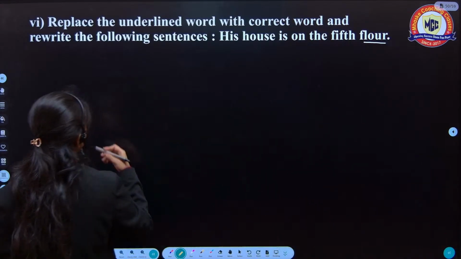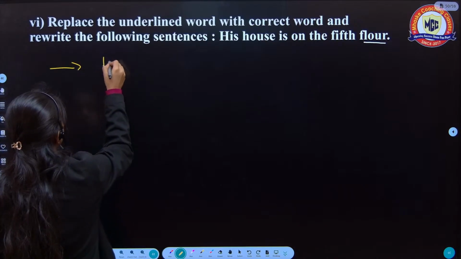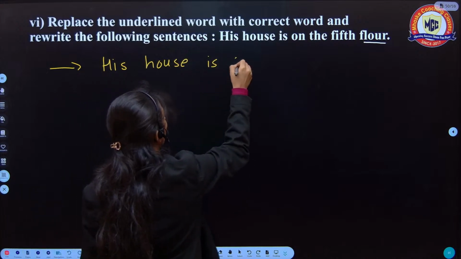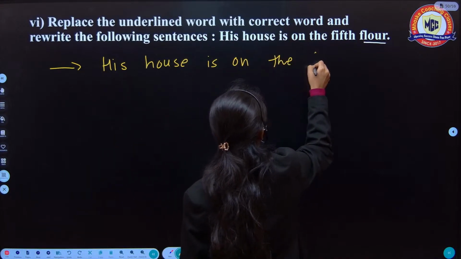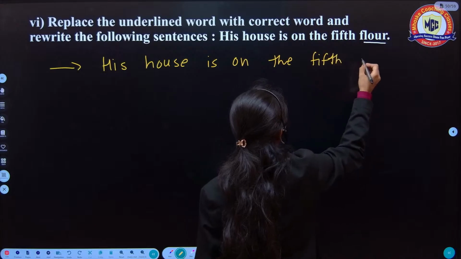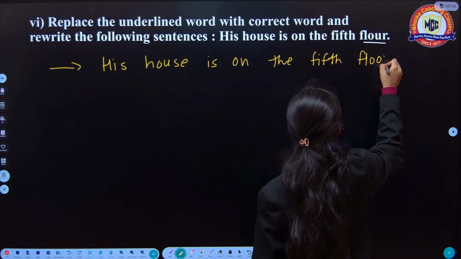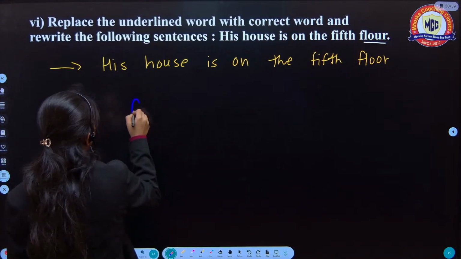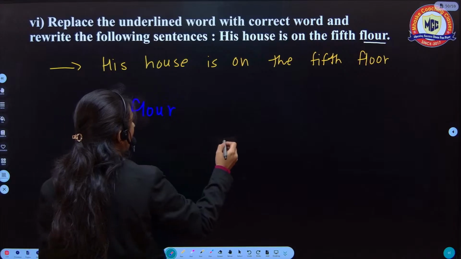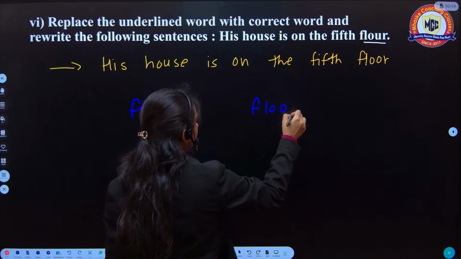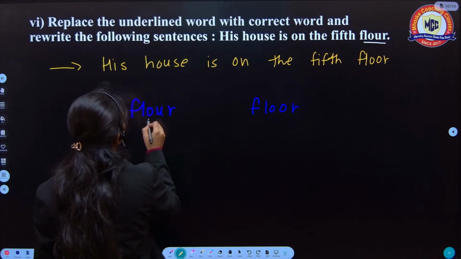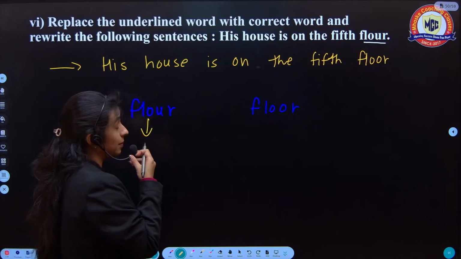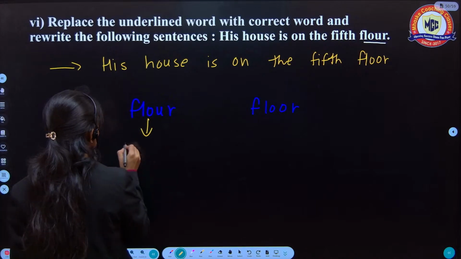So your answer will be: his house is on the 5th floor. Quickly explaining to you. So flour and floor. This flour means it can be rice flour, it can be besan flour, so any flour, which means atta.